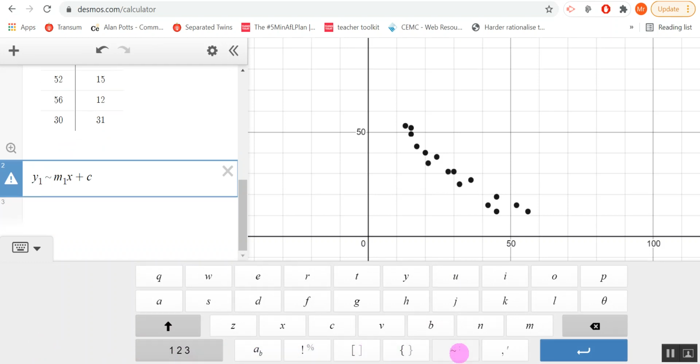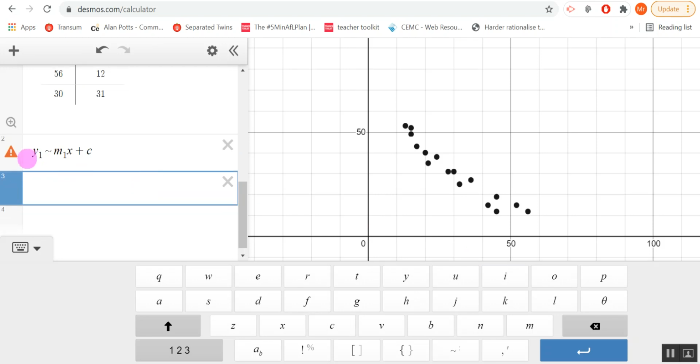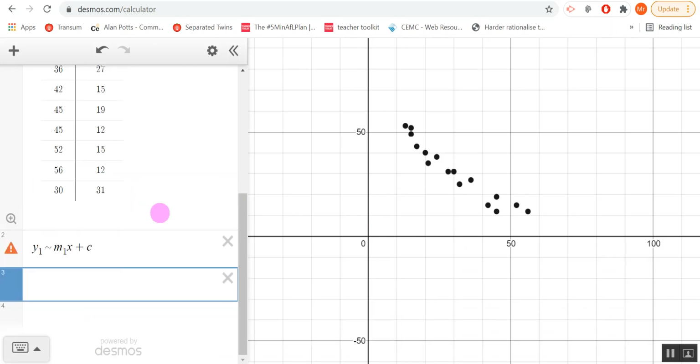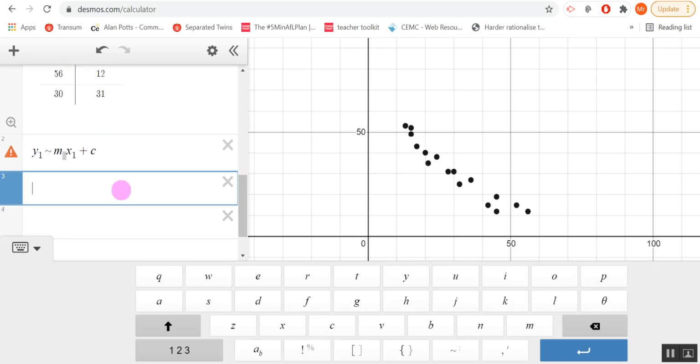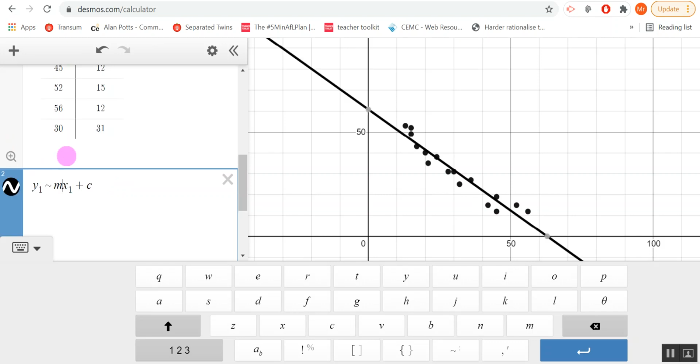Click on that, and that replaces it. And if I press enter, why is that not working? Oh, sorry, I've been silly, haven't I? It's not M1, it's X1. And now I've left a space. So all this programs. There you go.